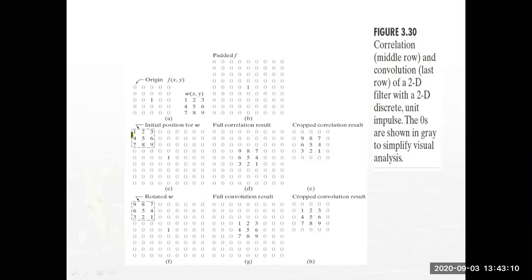Initially I am placing my window here, on the padded image. The second time I am placing it here, the third time here. Like this we are moving or changing the position of the window over the entire image.